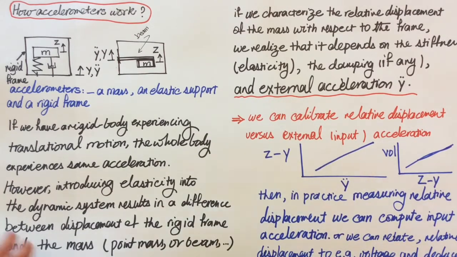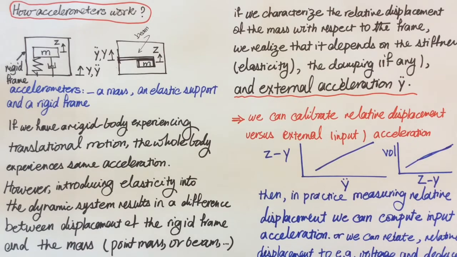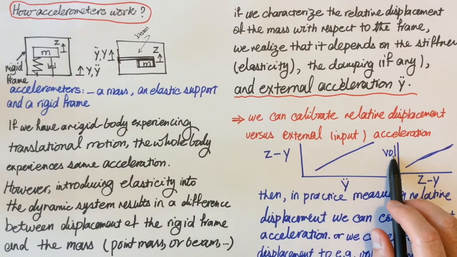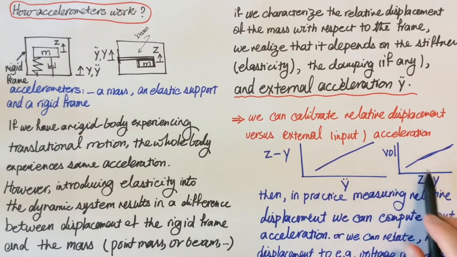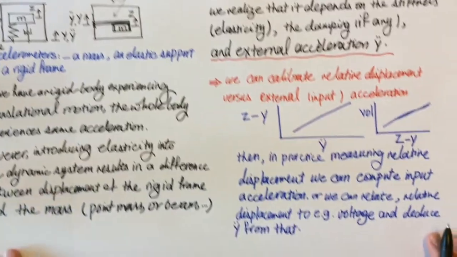So they draw a second curve and relate the relative displacement to the voltage. So now you have everything you need: once I give you the accelerometer, you do your test in your system, you read the voltage, you come to this curve, you read the relative displacement, you come to this curve, you read the external acceleration. And this is the basic operating principle of accelerometers.